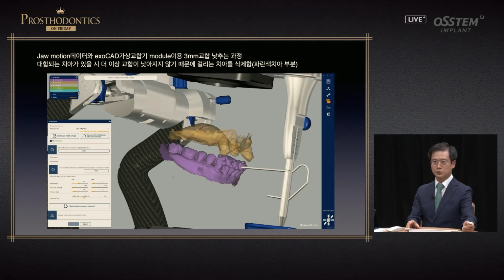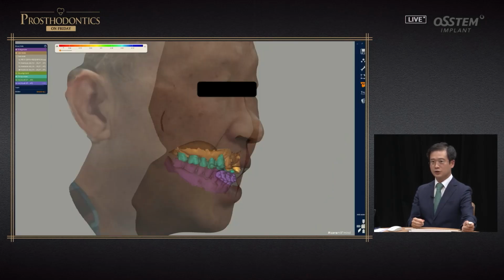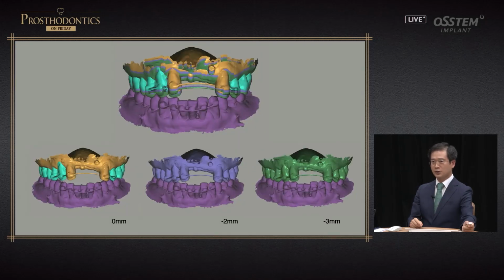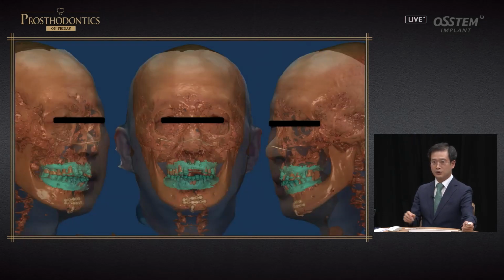Up to the point where there's contact on the canine, I checked how many millimeters it went down. I also checked how much reduction was required for which tooth, so you can confirm which tooth is reduced by how much. Such analysis is one of the benefits you get with digital dentistry.